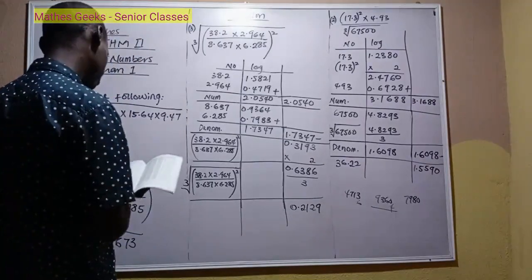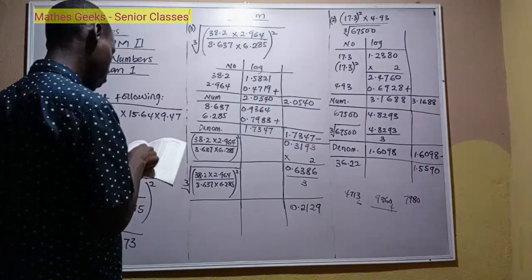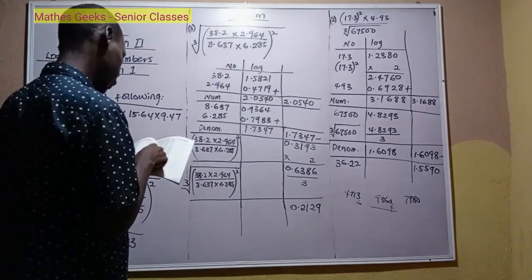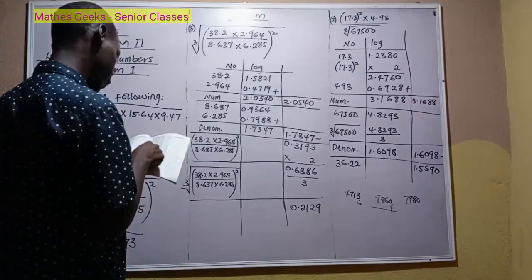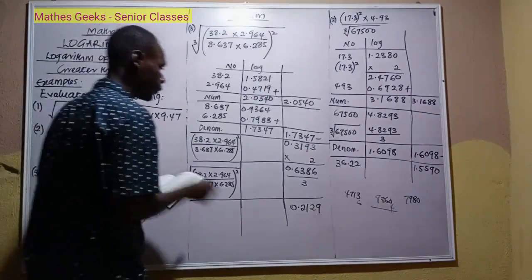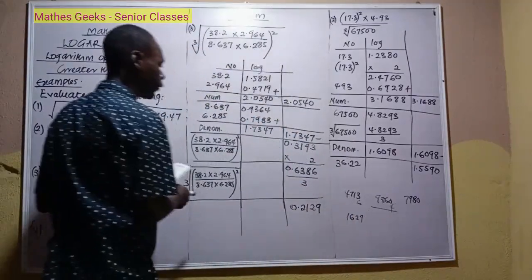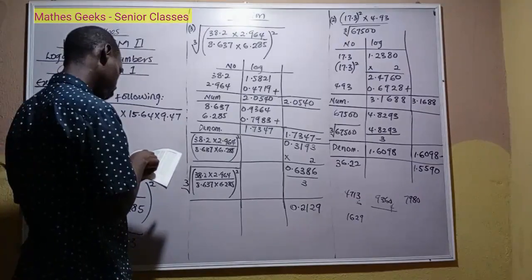So 0.21 under 2. 0.21 under 2 will give us 1629.